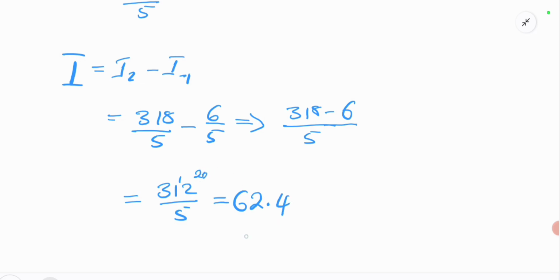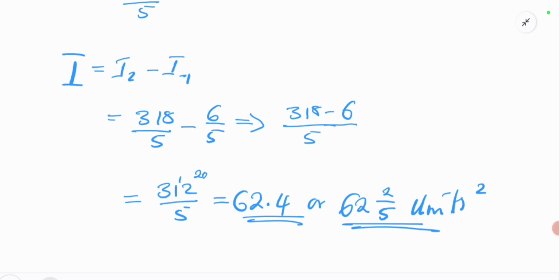So we get 62.4, or we can just say 62 remainder 2 over 5. So then we say units squared there. So this is our answer, or we can pick that as our answer.